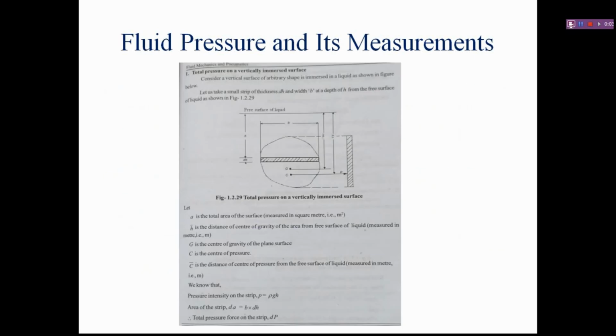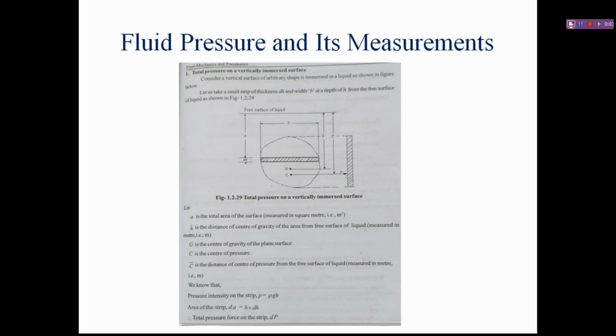Next, the derivation. First we have to look at the diagram. An image is given of an object which is immersed vertically in the liquid. Consider a vertical surface of arbitrary shape immersed in the liquid. It is not a regular shape.